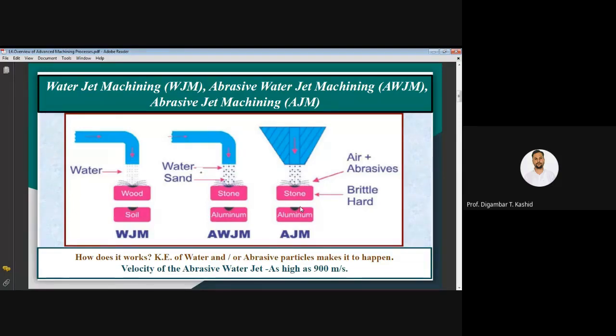Because the air coming from that nozzle acts just as the carrier gas, and in that air we are mixing abrasive particles, and that is called an air abrasive jet.